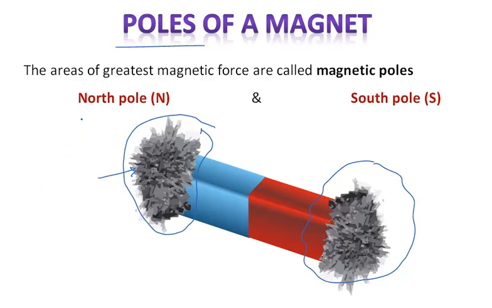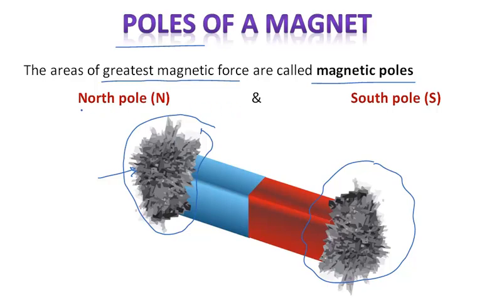The reason is that there is a certain special area inside the magnet which has the greatest magnetic force or magnetic properties, and these areas are known as magnetic poles. They are generally at the extreme ends of the magnet.